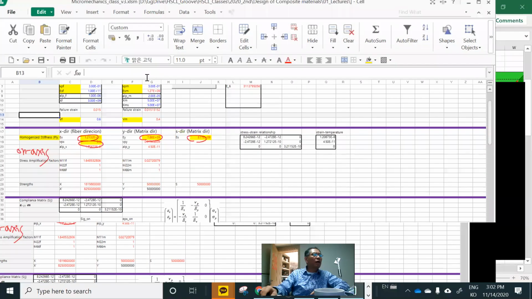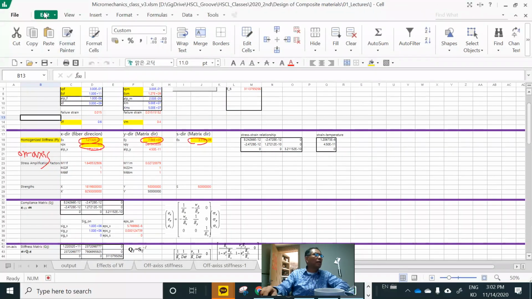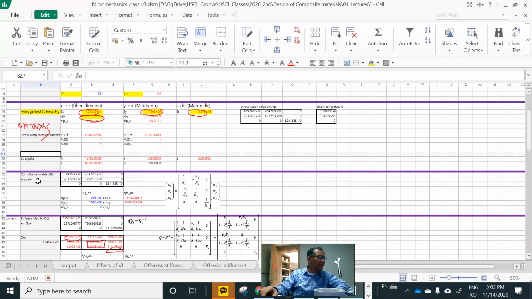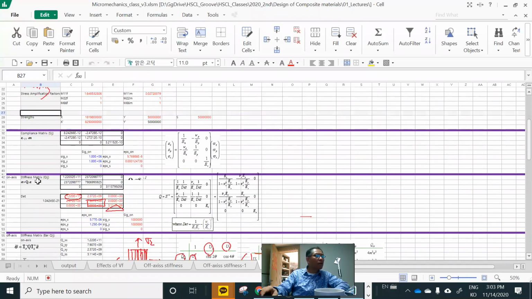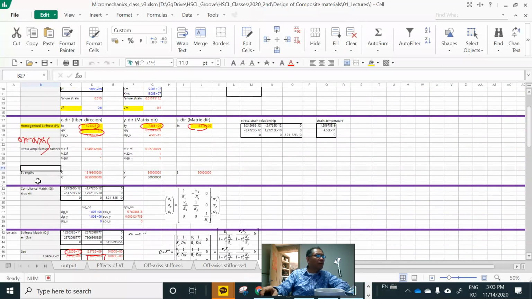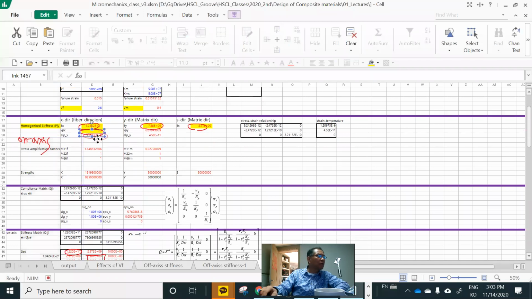See, this is the one we had in the early stage of the class where we calculate alpha x and alpha y.